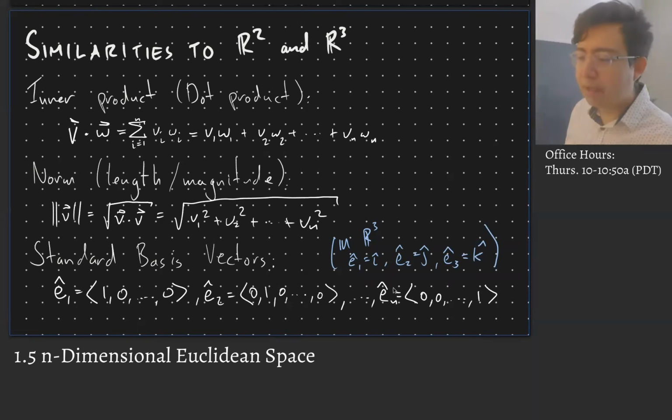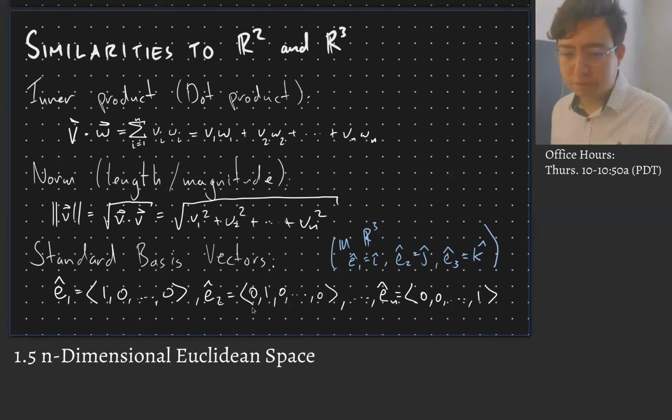So you have e1, e2, e3. Again, just another notation thing. Okay. Cool. Any questions about all of this?